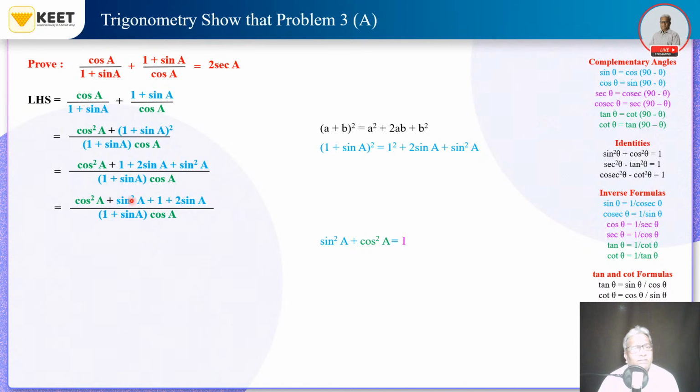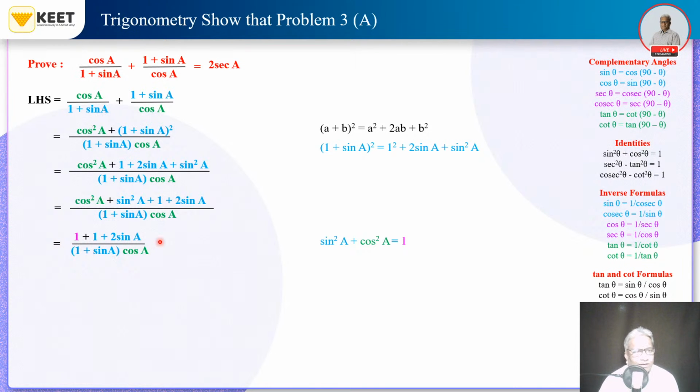So now we will replace this identity cos square A plus sin square A by 1, and that 1 we will write in the pink color. Okay. So this is the identity replacement 1, and 1 plus 2 sin A are the things which are already present in the numerator. The rest of the denominator, 1 plus sin A into cos A, is written as it is.